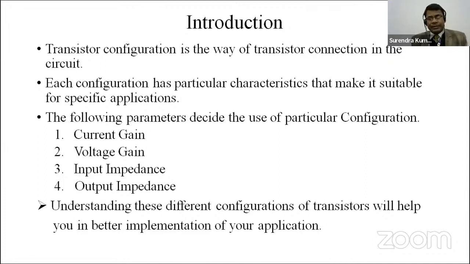On the basis of these important parameters, we will decide which particular configuration of transistor is best suitable for our application, so that we can find the maximum efficiency of our circuit in the application.